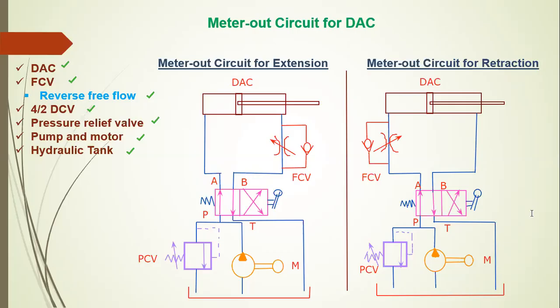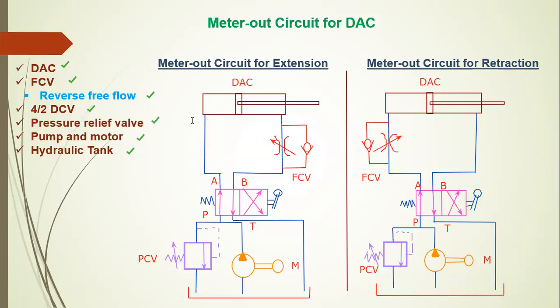One thing to remember is to give the names: the hydraulic pump motor set is mentioned as M. Oil coming from the hydraulic pump is mentioned as P. Here T means oil returns to the tank. Here the outlets from the direction control valve are mentioned as A and B, meaning they are connected to any actuator or double acting cylinder, that is, connected to the hydraulic circuit.